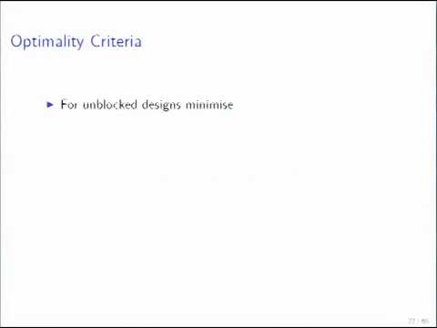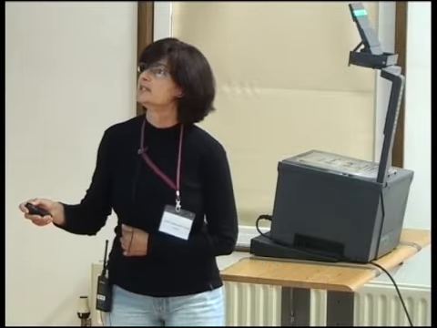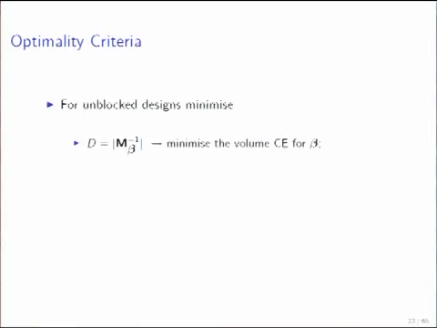So the usual criteria, I will mention only 2 of them that are the most popular. For the unblocked design, we minimize the determinant of the inverse of the information matrix, or maximize the determinant of the information matrix, and that is argued to be minimizing the volume of the confidence ellipsoid for beta.